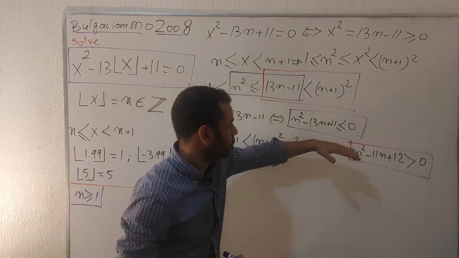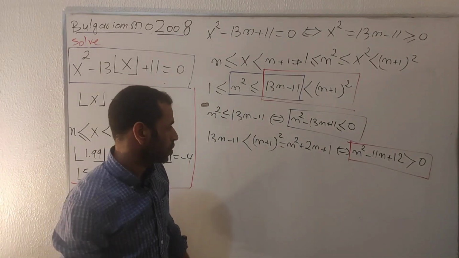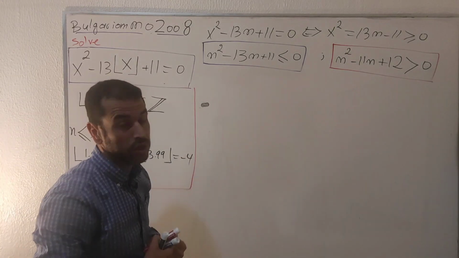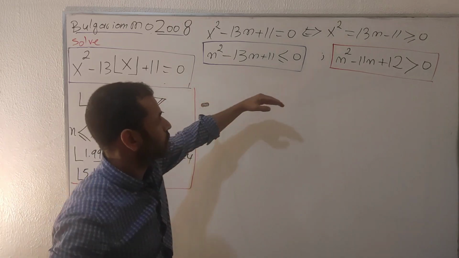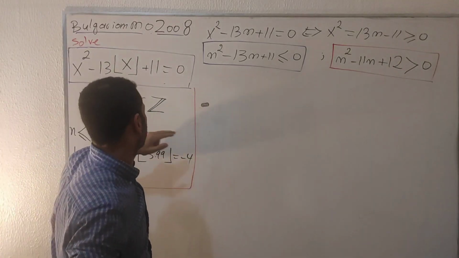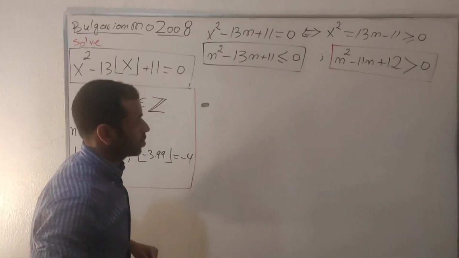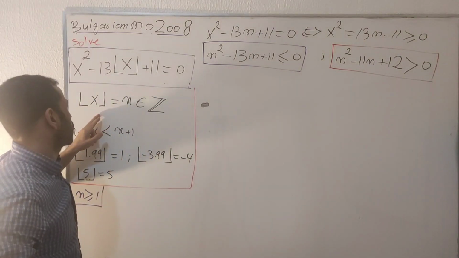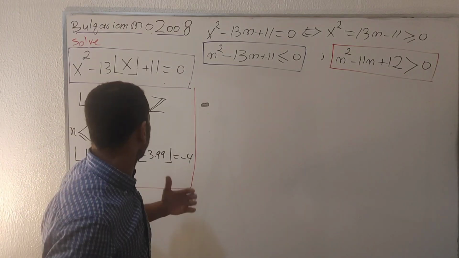Now I'm going to take both inequalities at the top and continue solving. Since they go in different directions, we are going to check the status of each one to find n. If I find n, I will be able to solve this equation, because the value of n tells us the floor of x, which tells us where x lives.